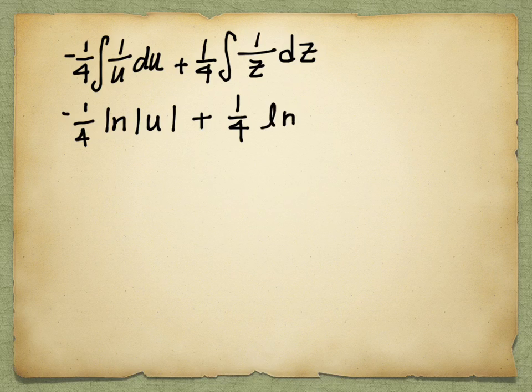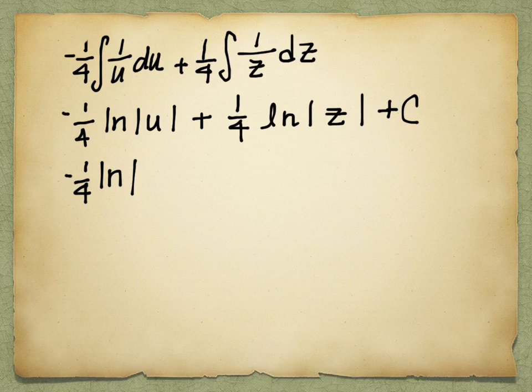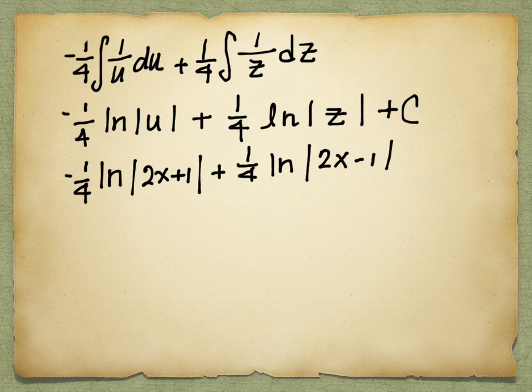The natural log of the absolute value of z, and I want to make sure that I see the z and the u differently because I'm going to substitute back in corresponding to those values. So the first one, negative 1/4, is natural log of 2x plus 1. And then this 1/4 is the natural log of 2x minus 1. They are different because those denominators were different.